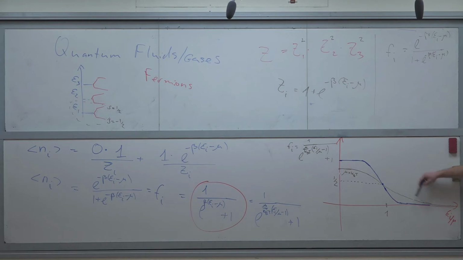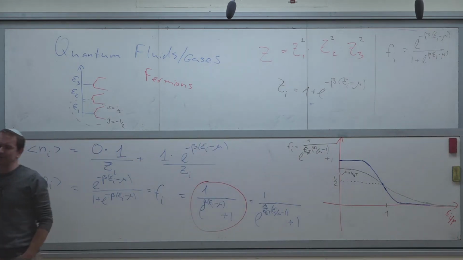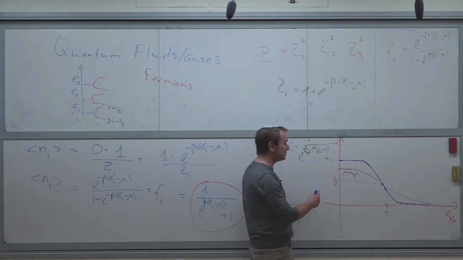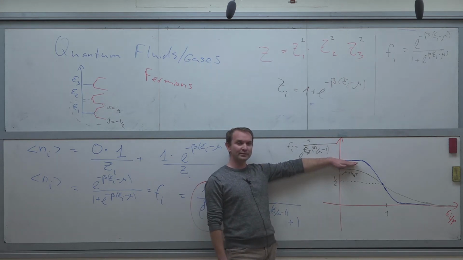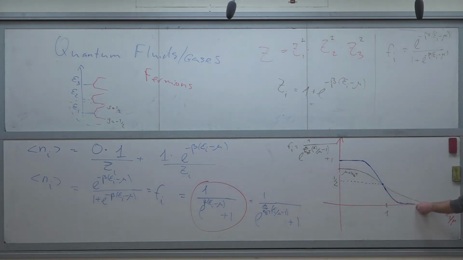When the energy is very large, compared to the chemical potential, the probability to occupy the state becomes very, very small. It converges to 0. So according to the temperature and the chemical potential of the system, I have a transition from almost sure occupation of the given state to 0 probability for the state to be occupied.